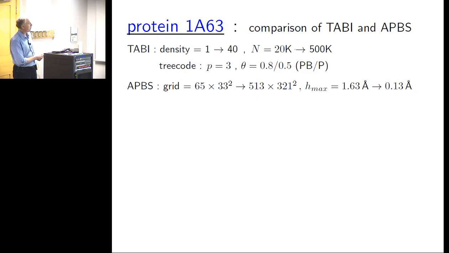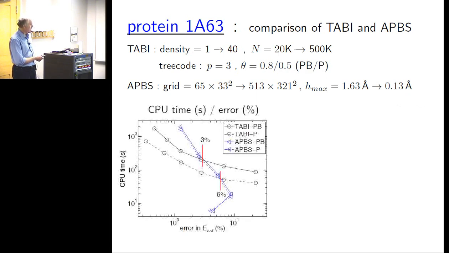So in the boundary integral, the density went from 1 to 40. This is the number of triangles. These are the parameters in the tree code. We'll talk about that offline if you wish. The APBS grid spacing went from this to this. And first, this is now the CPU time versus the error for both methods. And this has both the Poisson-Boltzmann as well as Poisson results in it.